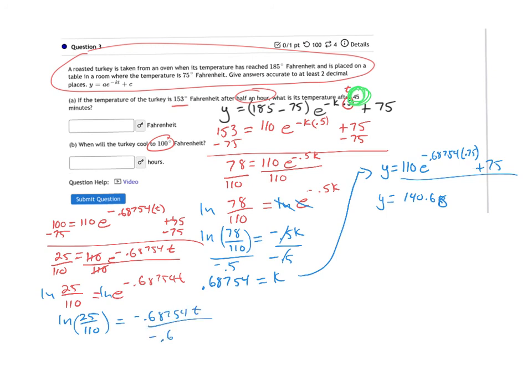Divided by negative 0.68754, you end up with t equals 2.15. So for my example, this would be 2.15 hours, and the first answer would be 140.68 degrees.